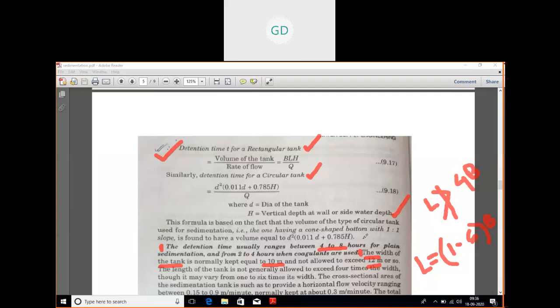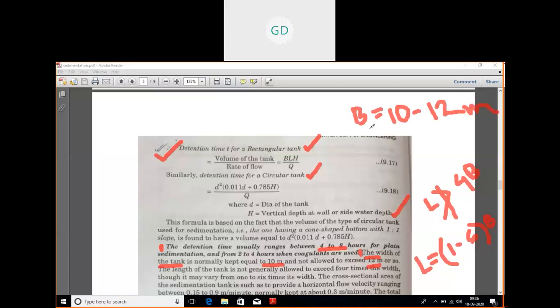The coagulation part we have not yet studied; we will study it in the next step. The next treatment is about your coagulation. So you write down this line, then you can write like this: width is between 10 to 12.